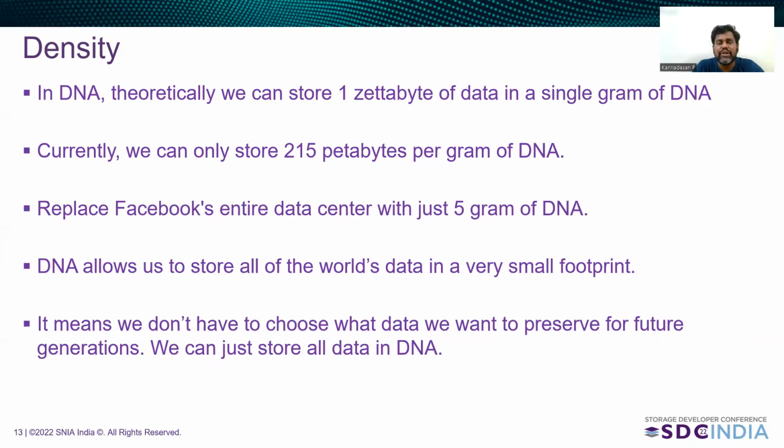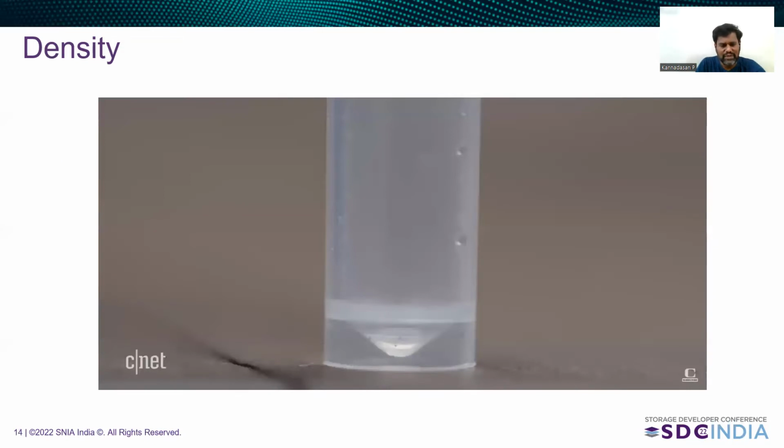It means that we don't have to choose what data we want to preserve for future generations. We can just store everything in the DNA. This is a pictorial representation of how we can store the DNA in a tube.